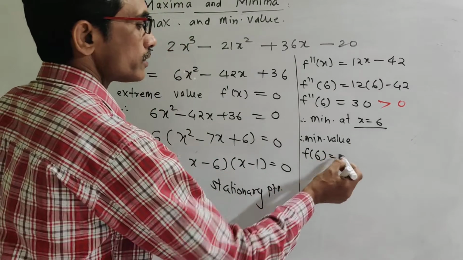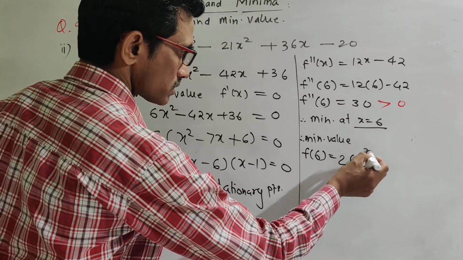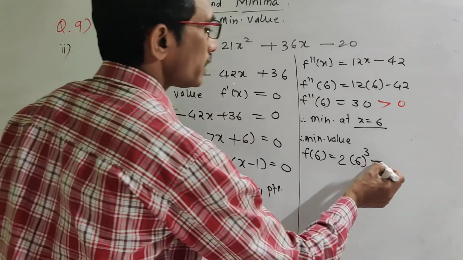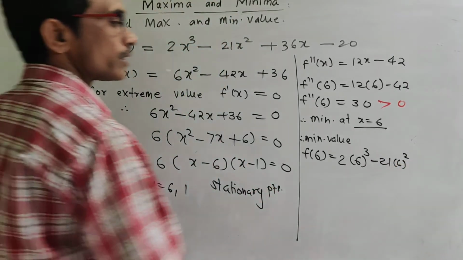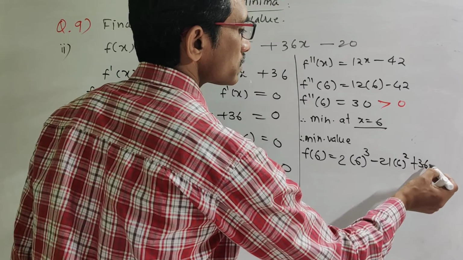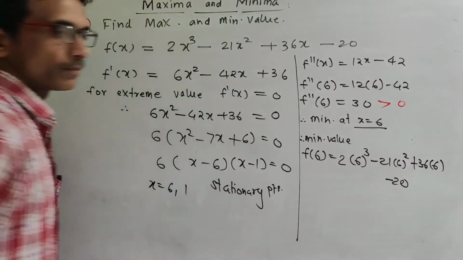So the minimum value is f of 6. So 2 into 6 cube minus 21 into 6 square plus 36 into 6 minus 20.